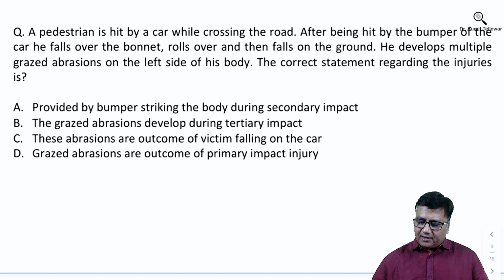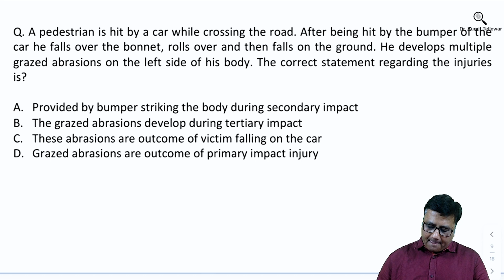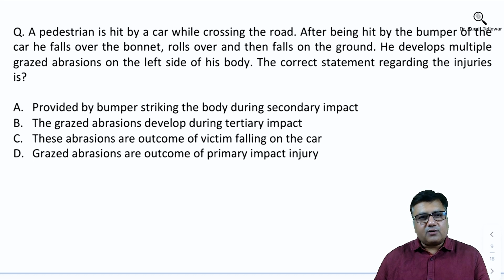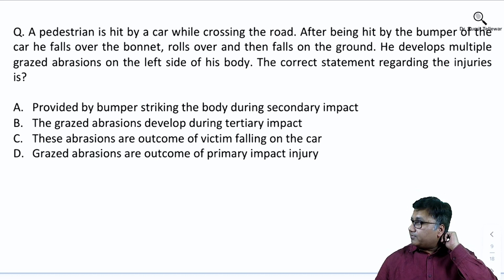The correct statement regarding the injury is, the options are: provided by the bumper striking the body during secondary impact, or grazed abrasions developed during the tertiary impact, or these abrasions are the outcome of the victim falling on the car, or grazed abrasions are the outcome of primary impact injury. So four options are given.